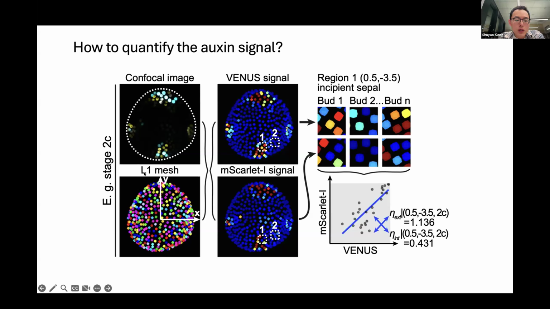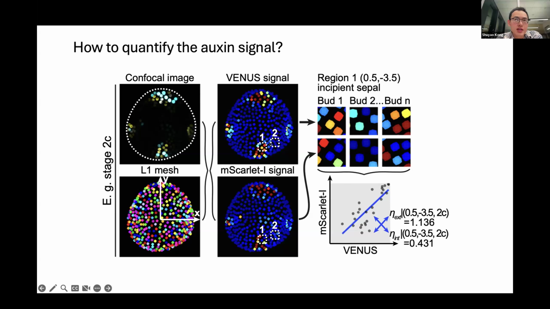From the L1 mesh, we know the position of each nucleus, and we have the DR5 Venus stack and the DR5 Scarlet stack, so we are able to project each of these signals into the L1 mesh. That gives you a heat map of the Venus signal and a heat map of the mScarlet signal. As Mia previously showed, you are able to export these heat maps as a CSV file.